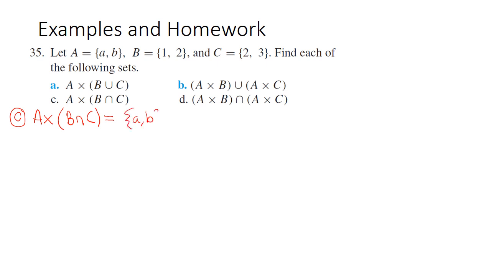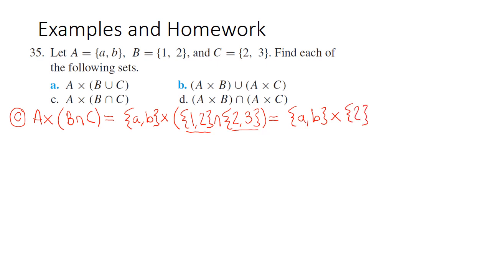This is {a, b} cross ({1, 2} intersect {2, 3}). Okay, and then I'm just going to try to simplify it. So I'll start inside the parentheses by doing the intersection first. So the intersection of {1, 2} with {2, 3}, the overlapping element there is 2. And once I've done that, I can drop the parentheses. So this is just going to be the set containing 2.